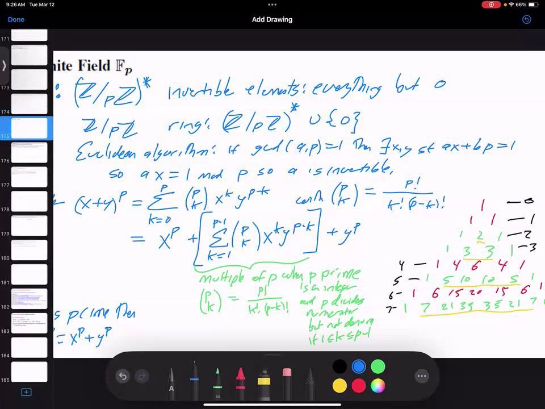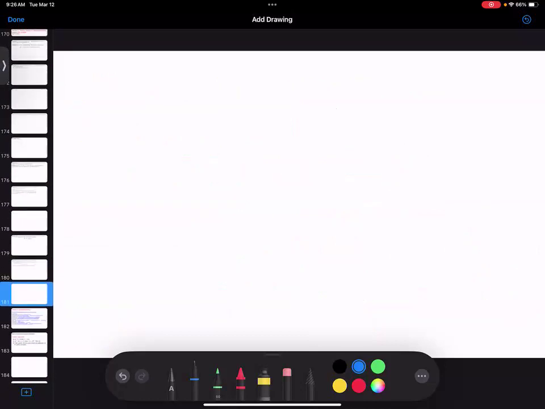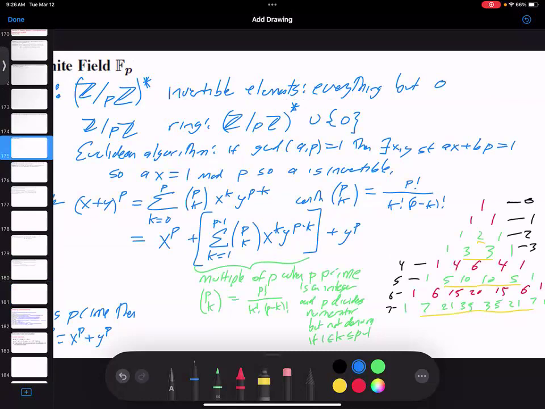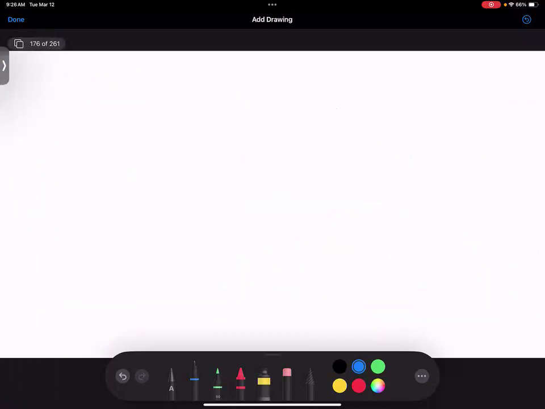So we just showed x plus y to the p equals x to the p plus y to the p mod p if p is prime.